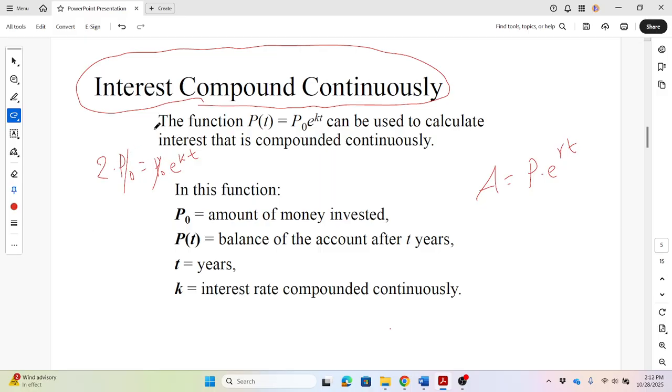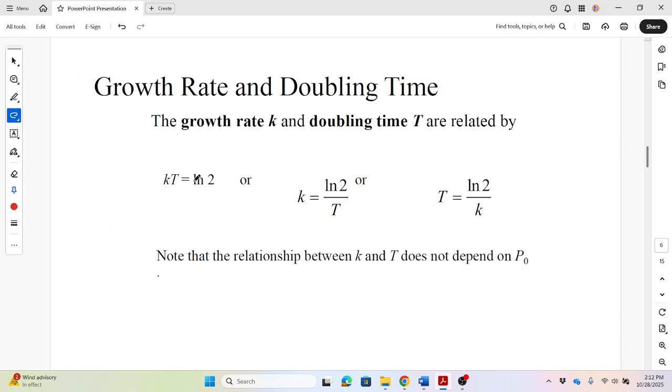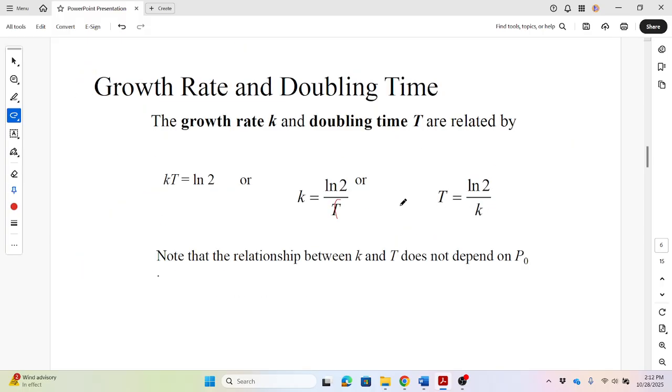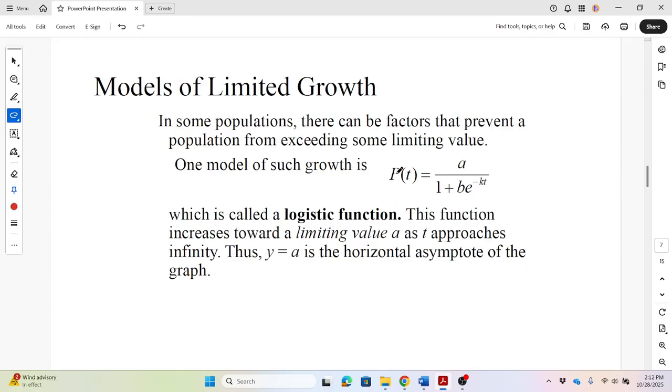It's not something you have to worry about for doubling money. So what is k? Just take ln of 2 equal to ln of e to the power kt. ln and e are inverses, so they cancel out, giving you kt. That's how we get kt equals ln of 2, and then we can solve for k, or we can solve for time. I'm using small t here, but here is the capital T. It doesn't matter, it's the same thing, time.